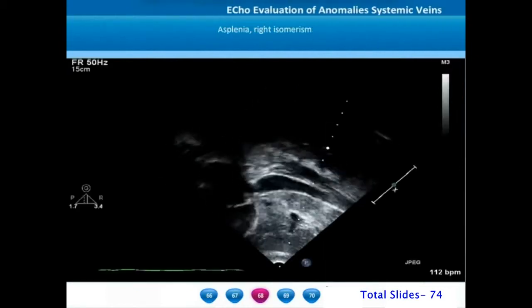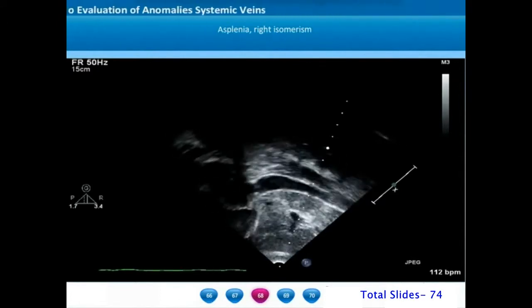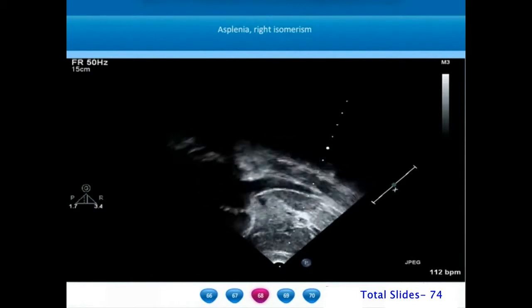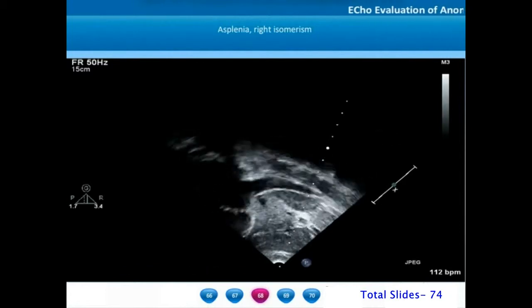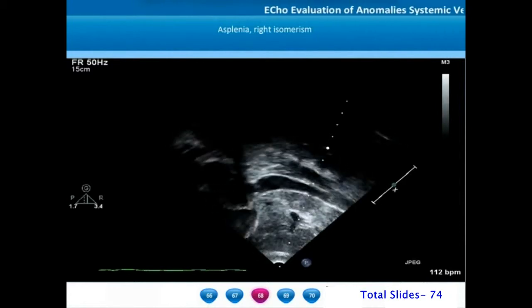On the contrary, in situs ambiguous heterotaxy with right isomerism, which is often associated with asplenia, the inferior vena cava will be patent and the inferior vena cava will anatomically lie immediately anterior to the abdominal aorta on the same side of the spine.